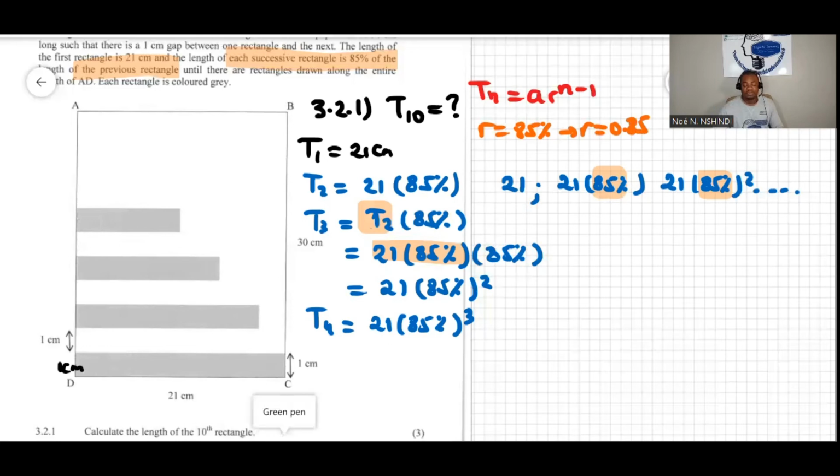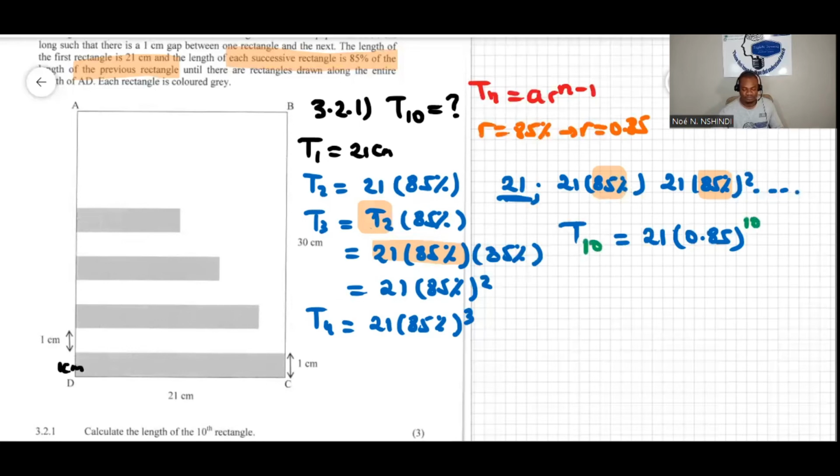Then we can answer the question to find T10. T10 will be the first term, 21, times r, 0.85, to the power of n minus 1, where n here is 10.